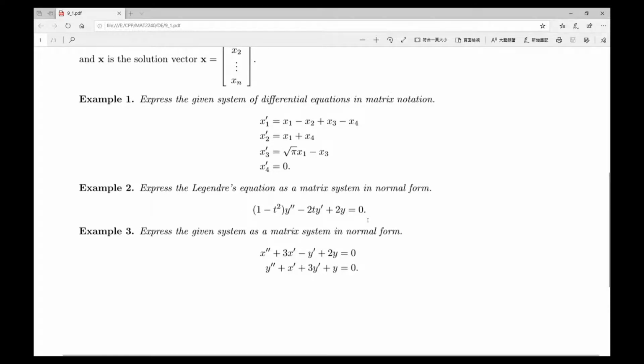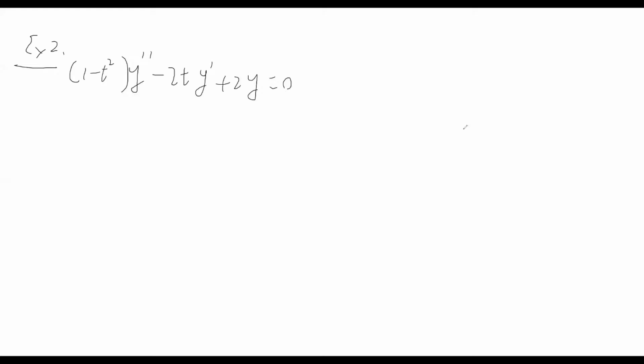So what we're going to do first is rewrite this equation of example 2 as a collection of different equations. Here we have our equation. Notice that we only have y as our function, and of course the independent variable t. So in this case, we have to do a little variable substitution.